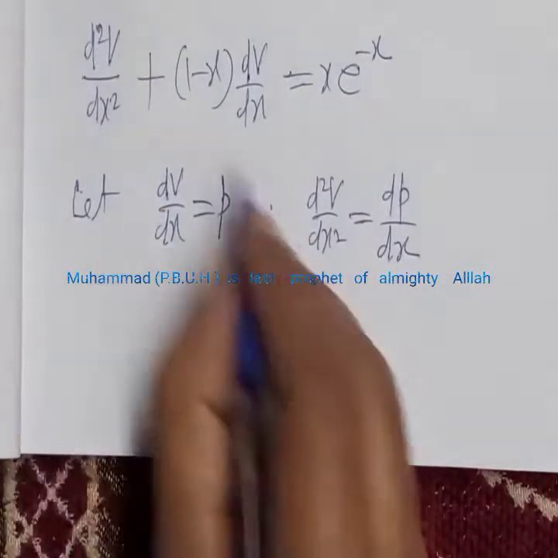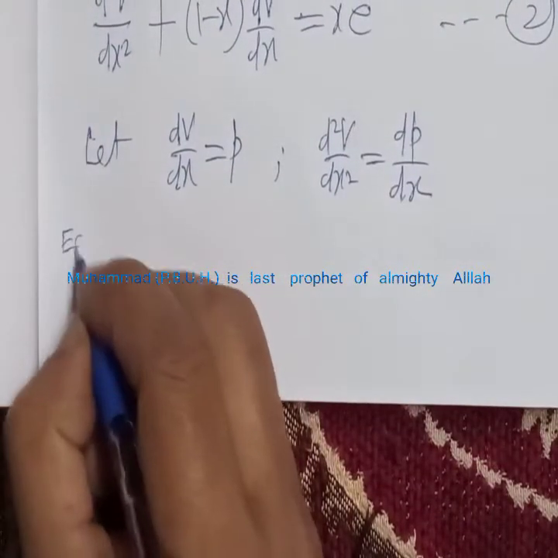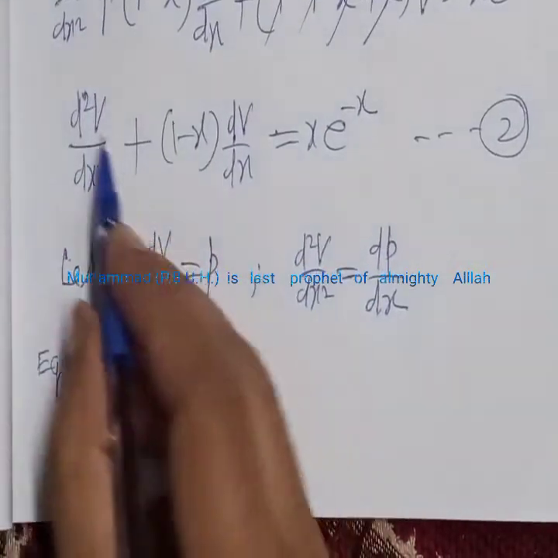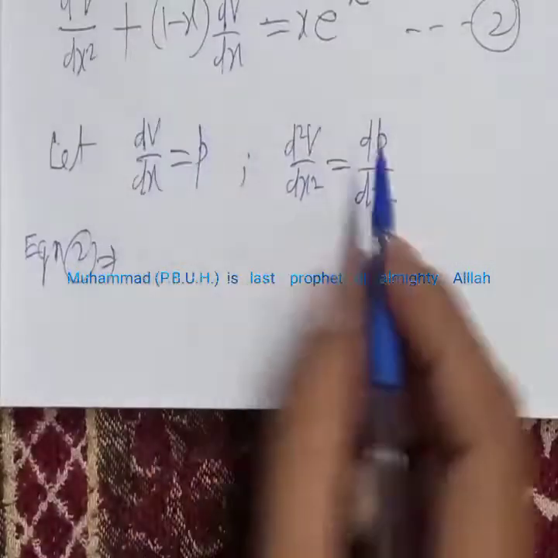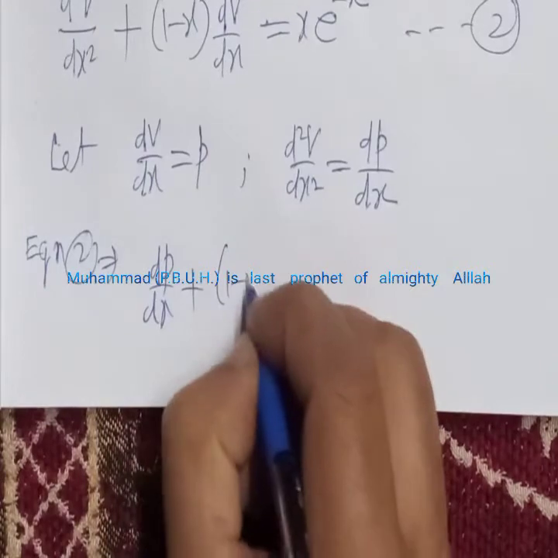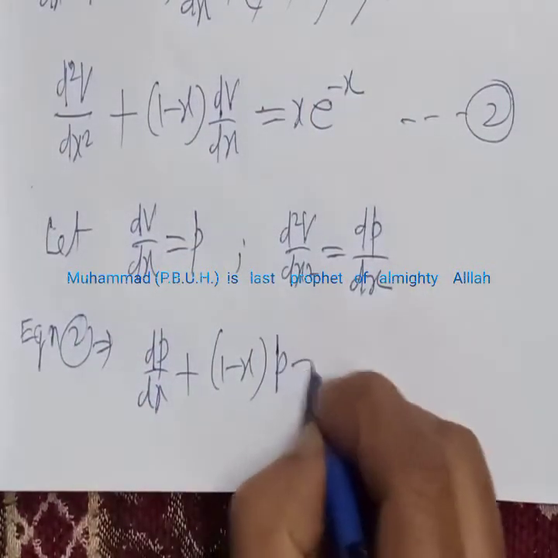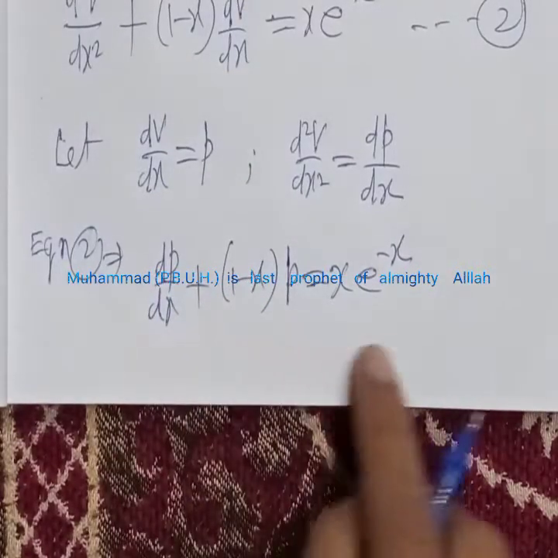These two values put in equation number 2, then equation 2 is reduced to this: dp over dx plus 1 minus x times p. With this value replaced by p, we get a linear differential equation.